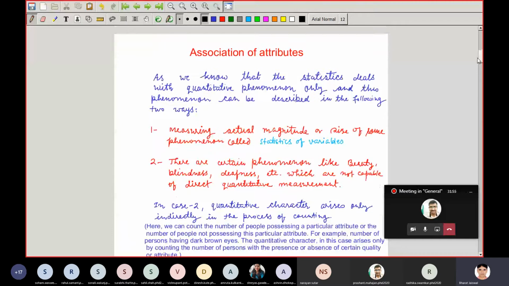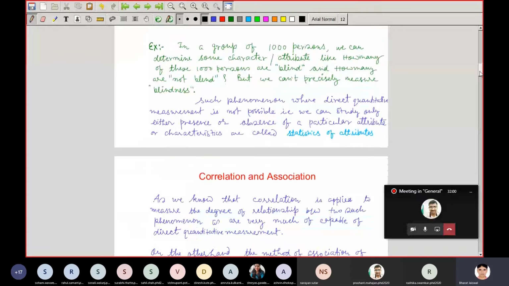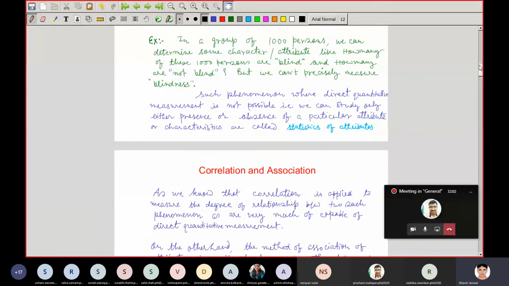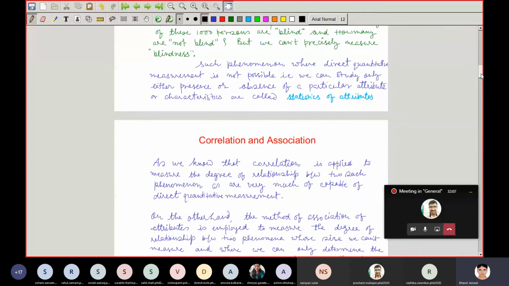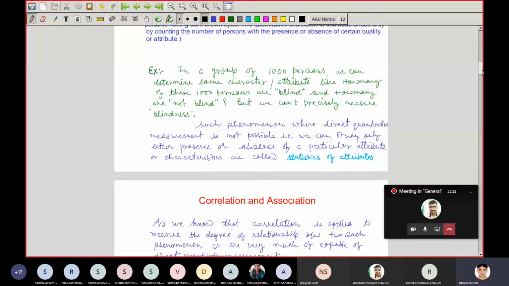Okay. So two or more attributes can be associated with each other. They can be associated positively, they can be associated negatively, or they may not be associated. All these things are done under this topic.